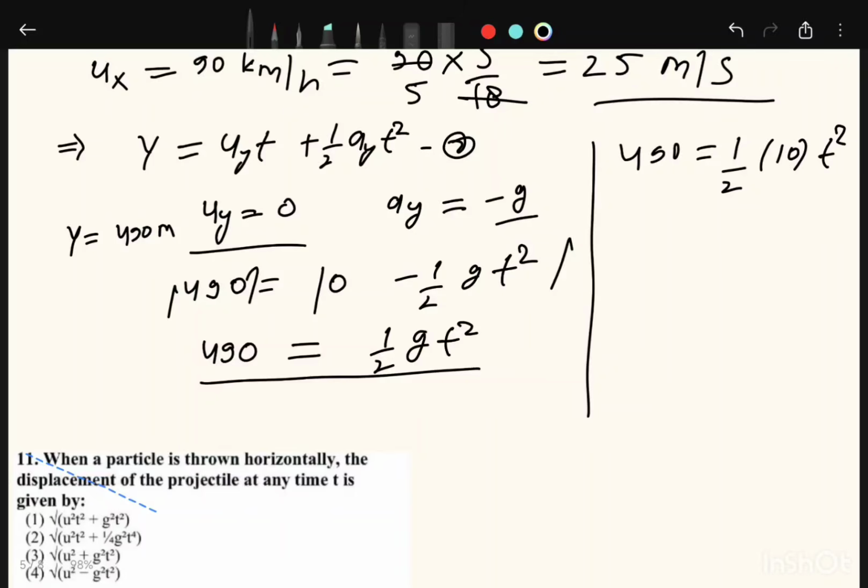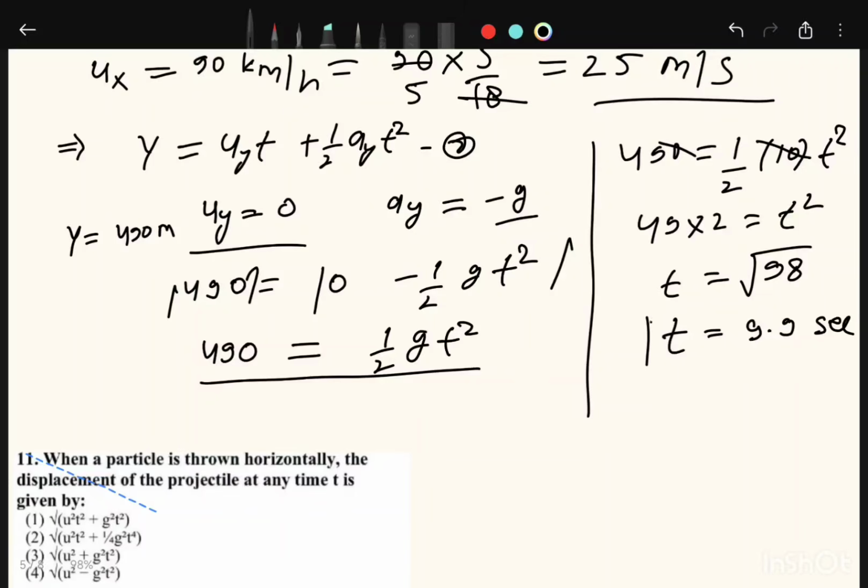So it will be 49, and 49 multiplied with 2 equals t square. T will be square root of 98. This value comes around 9.9 second. If you take g value 9.8 here, then this will be exactly 10 second, okay?